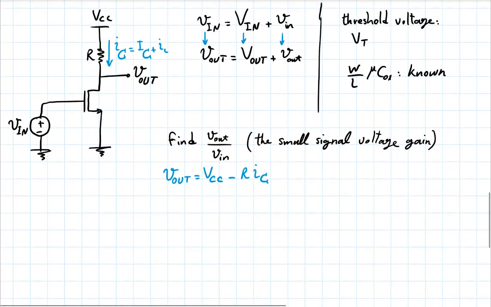Well, so all I need to know is the collector current. And we have a nice formula for the collector current of the MOSFET, right? What is that formula? Well, to begin with, the formula depends on whether you are in triode or saturation, and in fact, whether the device is even on.